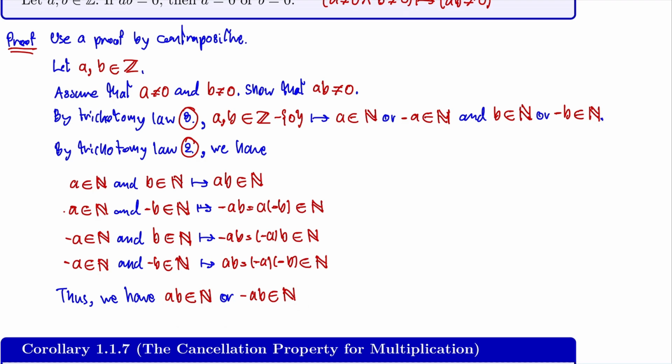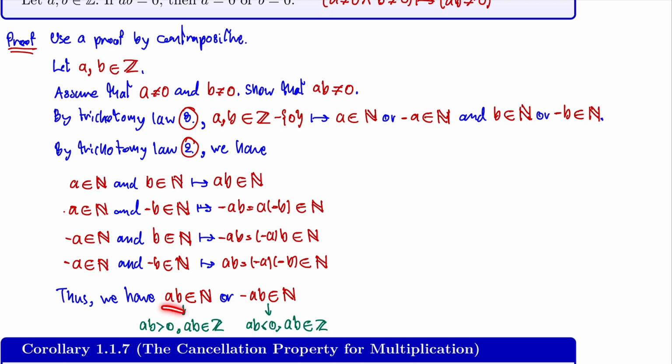If ab is a positive integer, it implies that ab is positive. It cannot be 0. And in the other case, minus ab is positive and a times b is an integer.